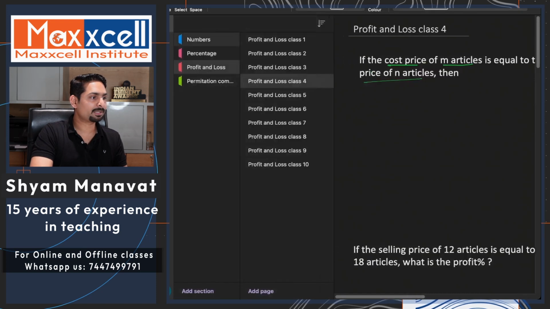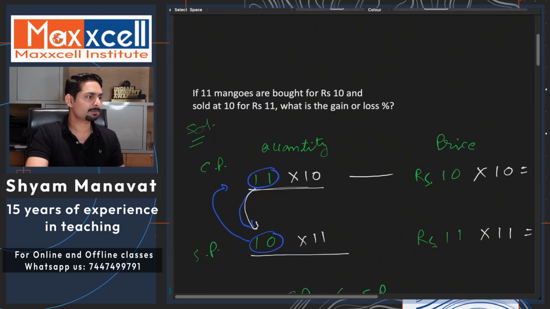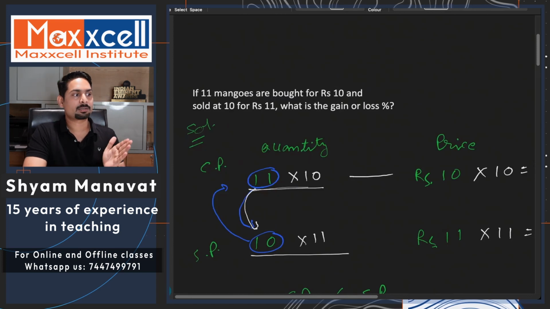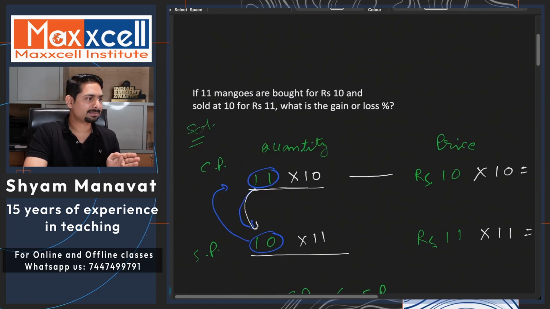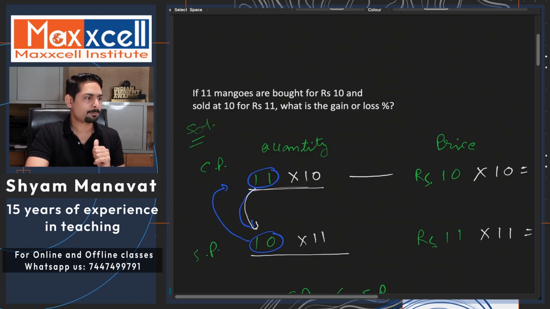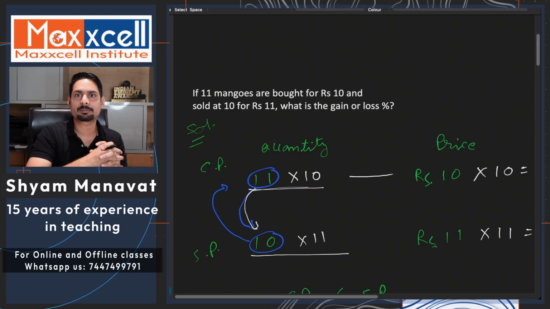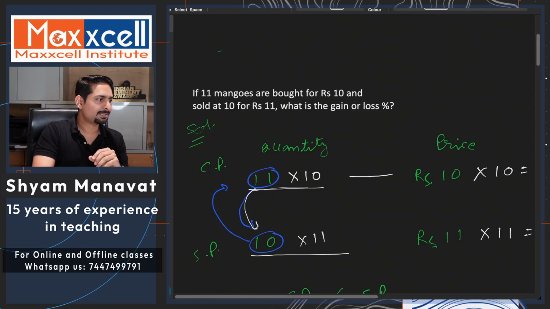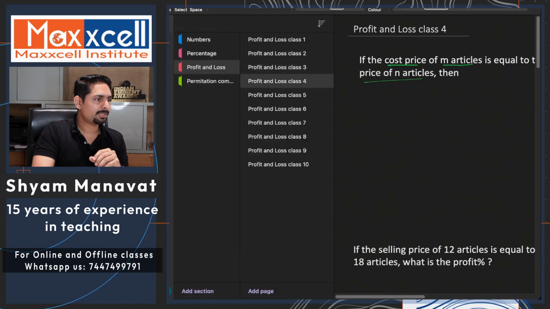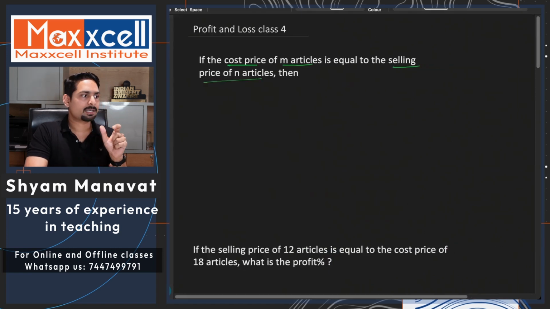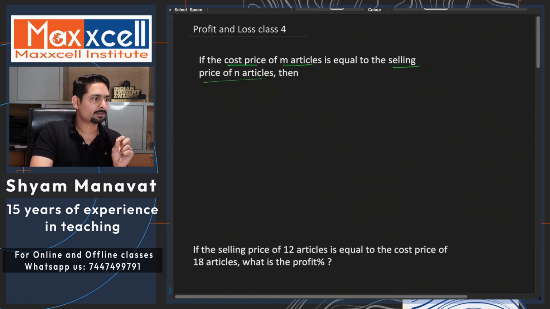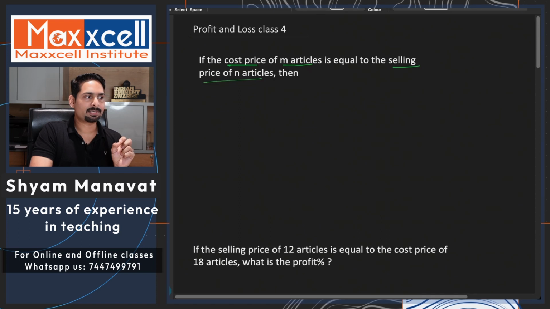Compare that with the previous lecture's question: if 11 mangoes are bought for rupees 10 and sold at 10 for rupees 11, the prices were different and quantities were also different. In today's lecture, we have examples where the prices are the same.